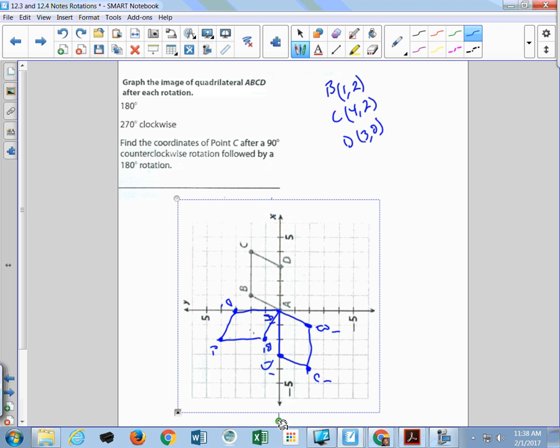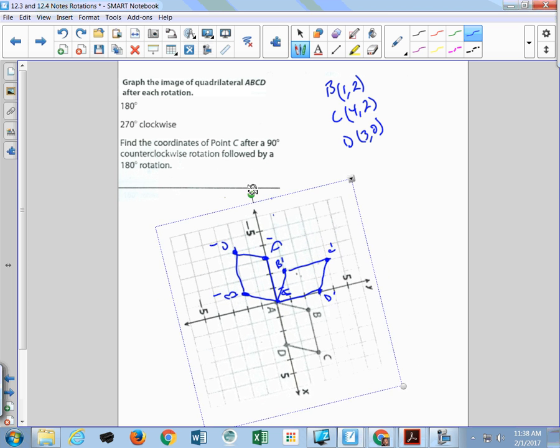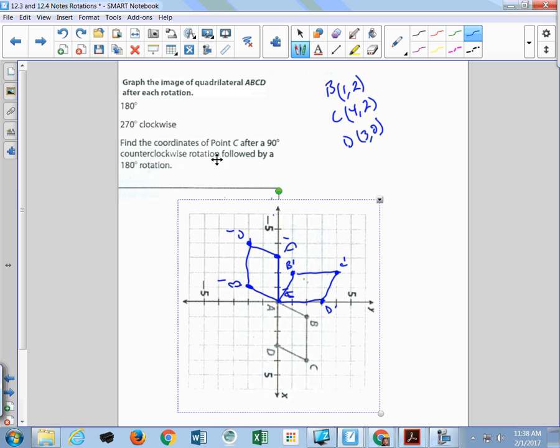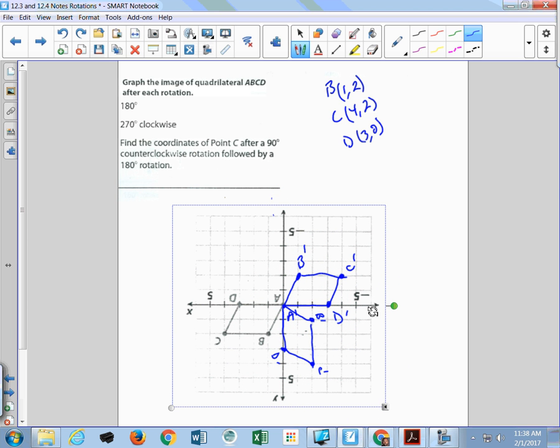So this is where I will need to put my points. I'll do it again. Started here. We're going to go 90 counterclockwise, so I need to turn 90 clockwise, and then 180.